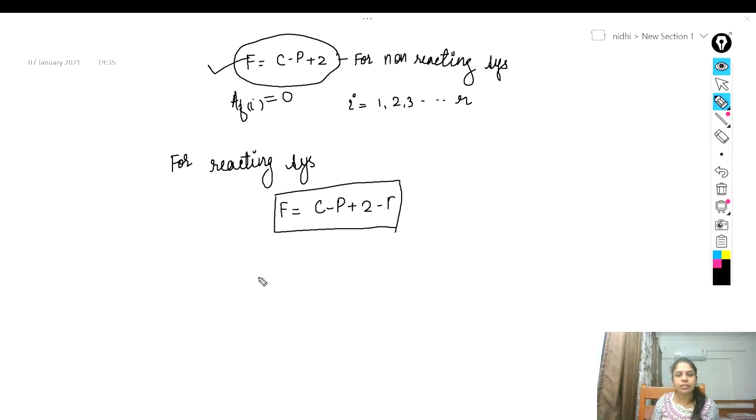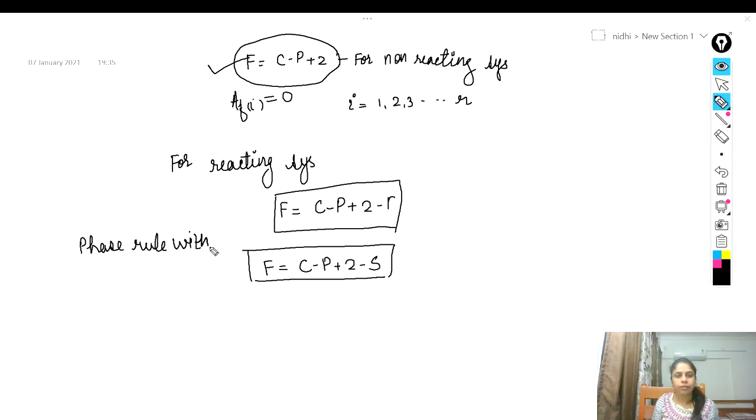So in this case, we need to impose one constraint, which is called S. Then your phase rule becomes C minus P plus 2 minus S. So this is the phase rule with special constraint.